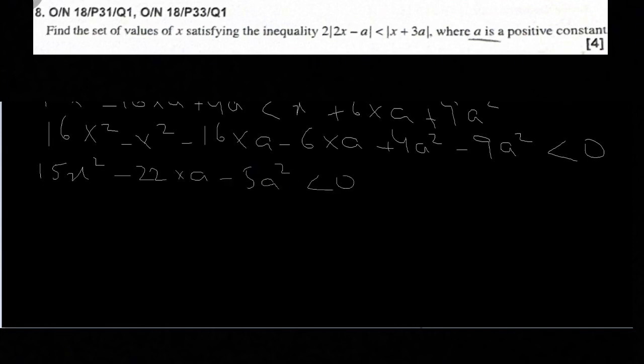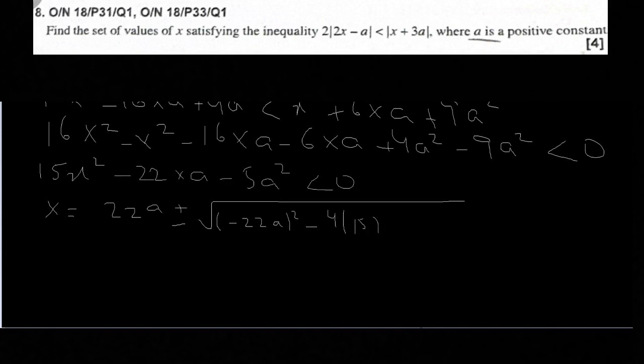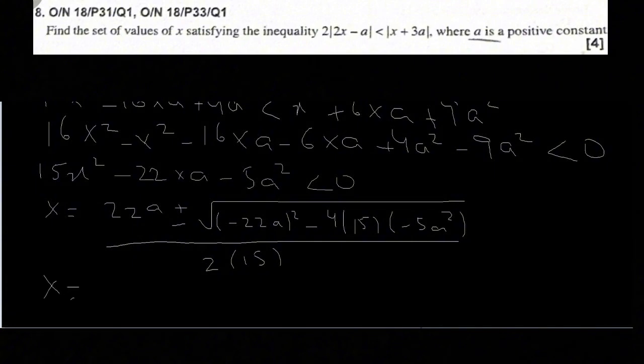Now we will use the quadratic formula to find the value of x in terms of a: negative of −22a, whole squared, minus 4 into 15 into −5a², upon 2 into 15. We will use the calculator to find the values of x in terms of a. x equals 5/3 a and x equals −1/5 a.